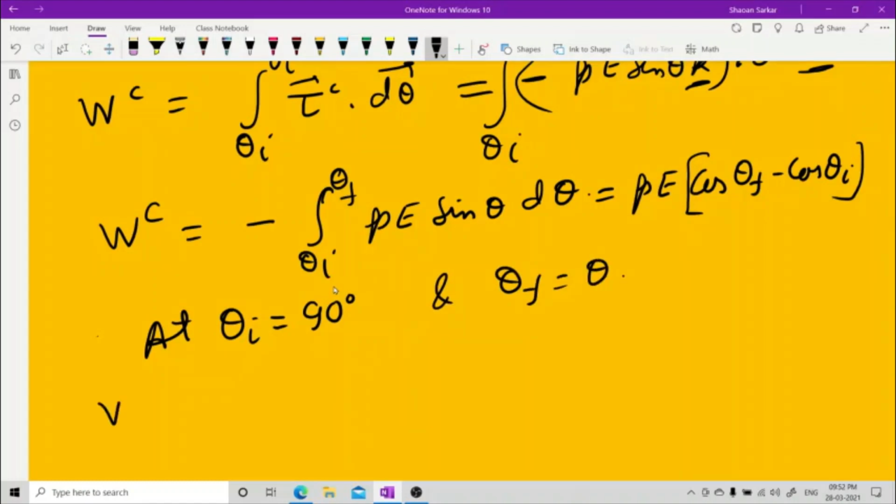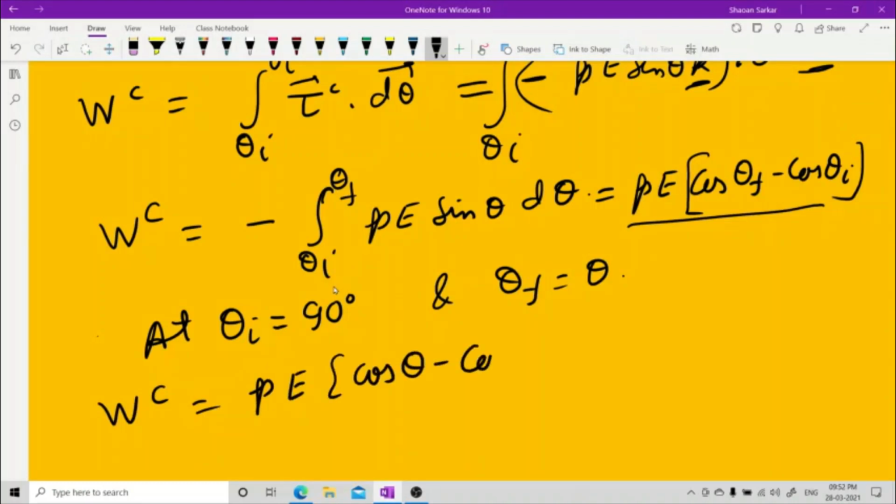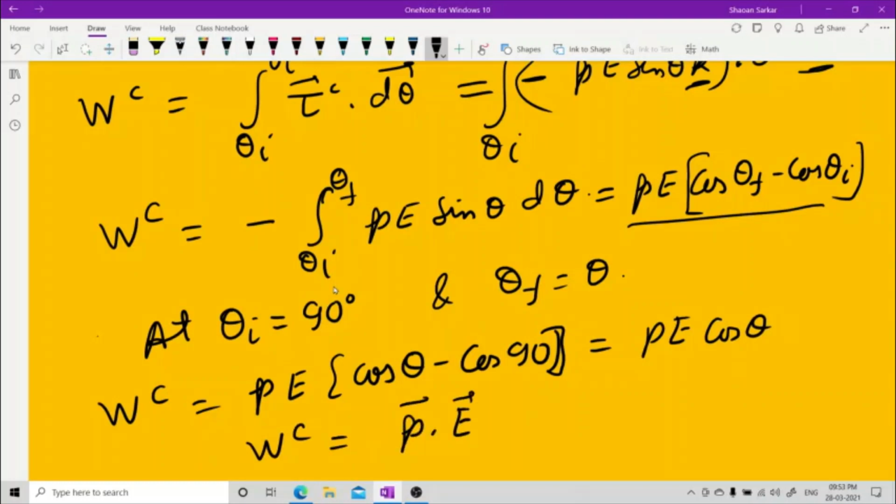So work conservative is PE times cos theta minus cos 90, which is PE cos theta. Therefore, work conservative is P dot E vector, which I have derived independently.